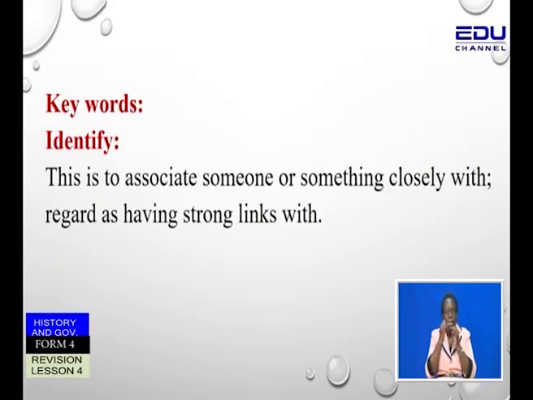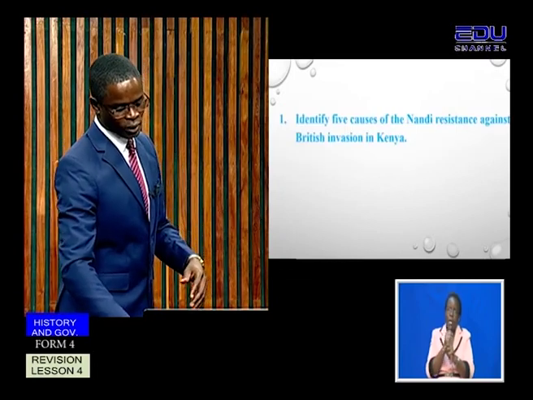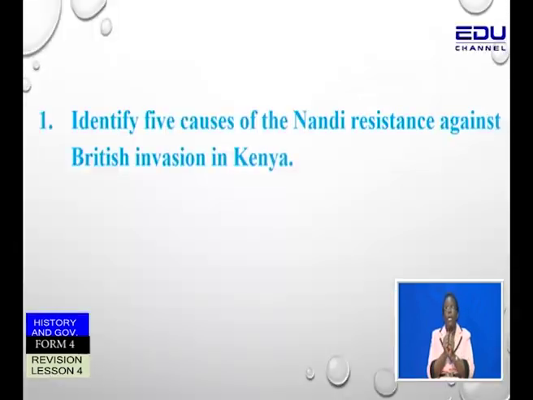Before we answer this question, let me help you understand the word identify. The word identify simply means to associate someone or something closely with, or regard as having strong links with. Associating something closely with. Let's go back to that question. What are we associating here?